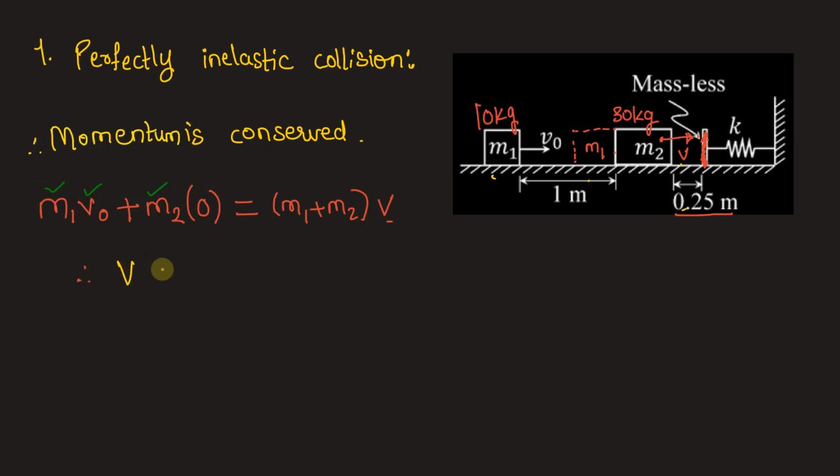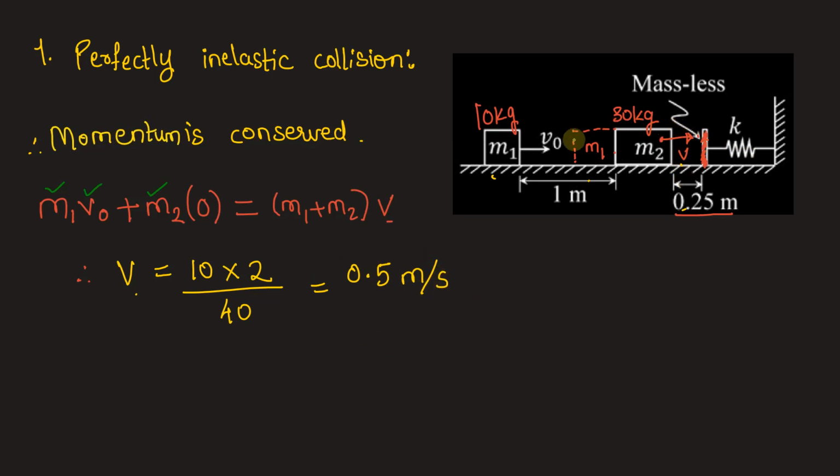V is equal to M1, which is 10 kg, times velocity V0, which is 2 meter per second, plus M2 times 0, divided by M1 plus M2, 10 plus 30, that is 40. Hence, the velocity V with which the two masses are going to go forward is 0.5 meter per second.